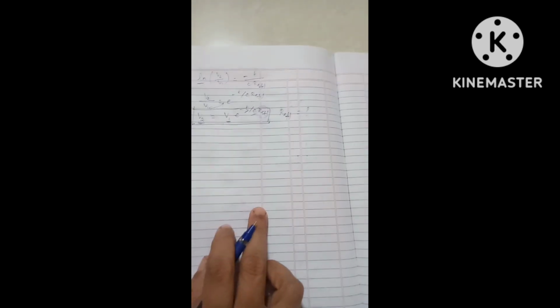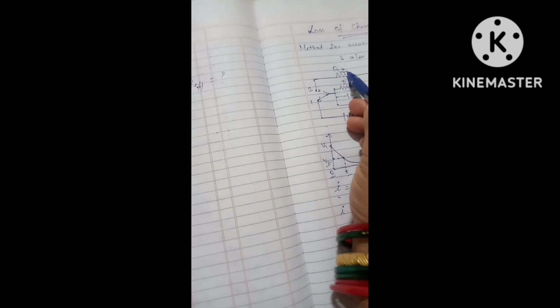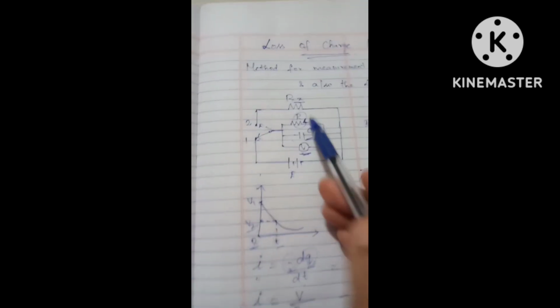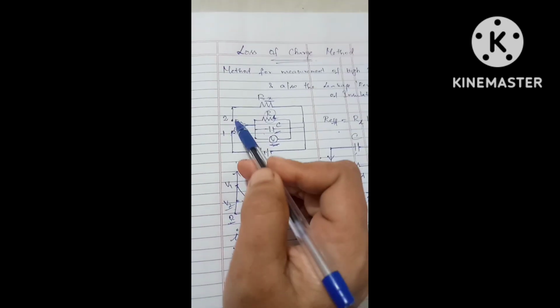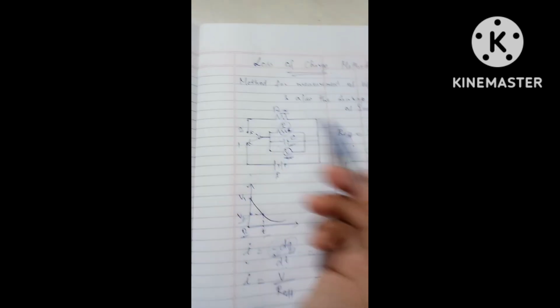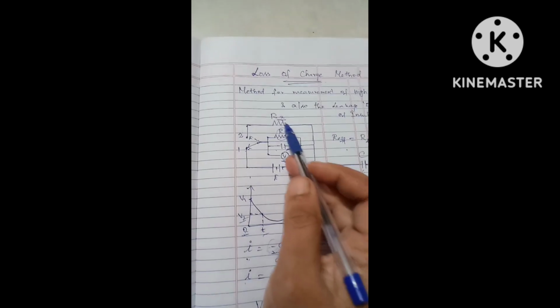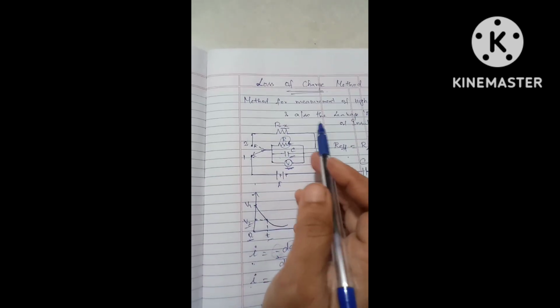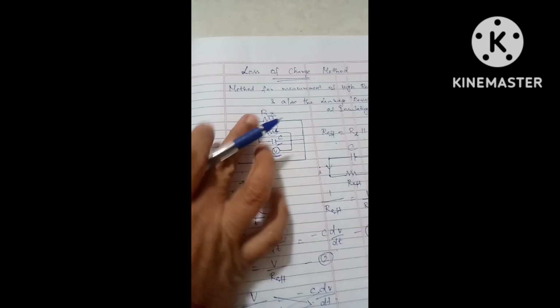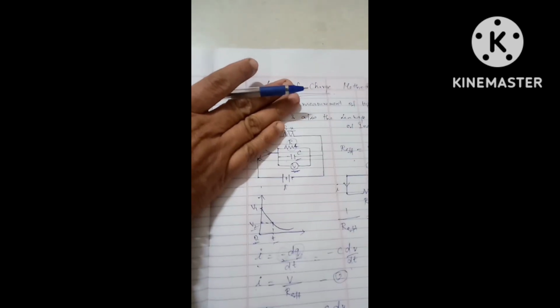What is needed in our equation is Rx. We need to find out the value of Rx. To do this, I am going to open circuit this Rx, so I am going to eliminate this Rx resistance so that the circuit becomes open circuited.